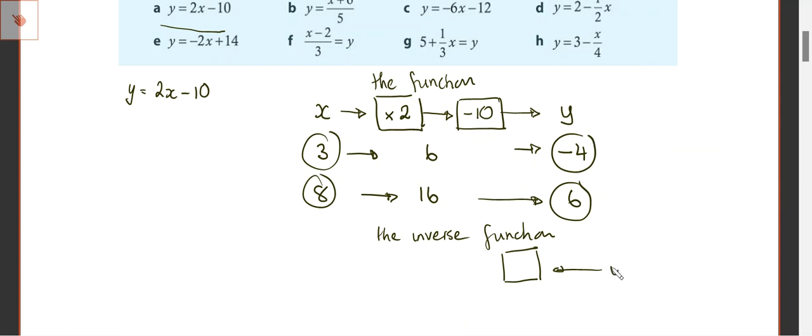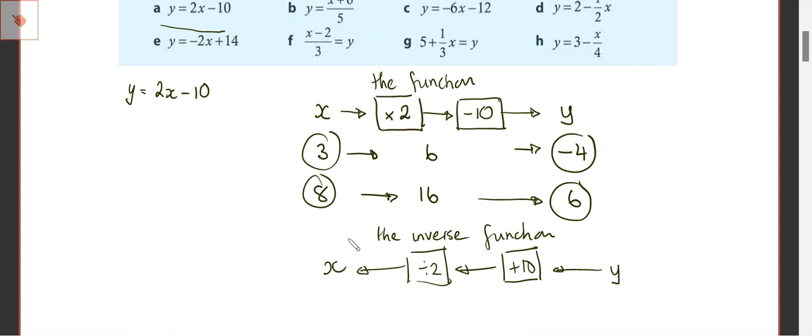So we could start with y. What do we put in the box? What is the inverse of subtracting 10? Adding 10. And the inverse of multiplying by 2 is dividing by 2. What comes out? x should come out.